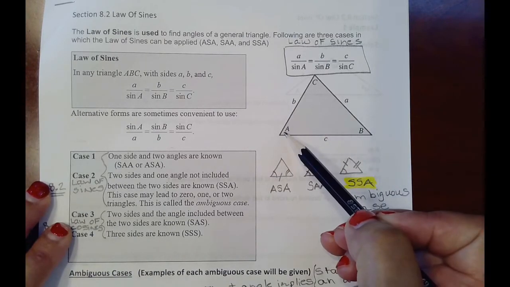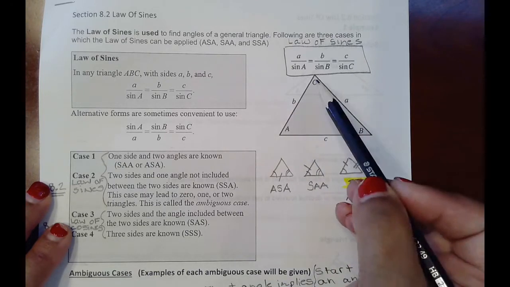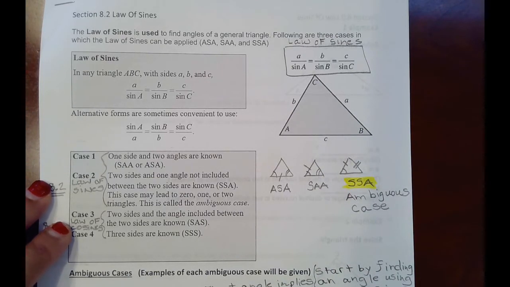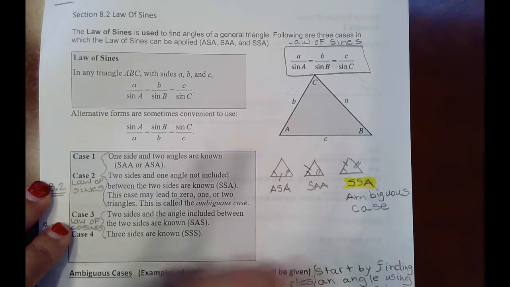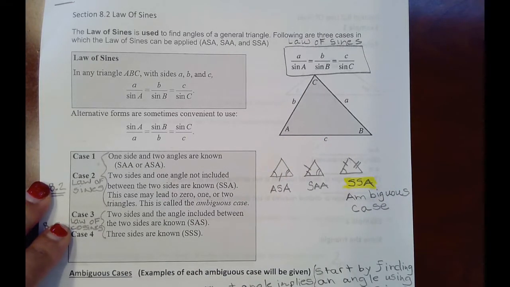Side a will be across from angle A, angle B will be across from side b, and side c will be across from angle C. We're using lowercase letters to represent the sides, and capital letters to represent the angles. I mean, you can use other symbols. It's just a real easy way to make sure everything corresponds.